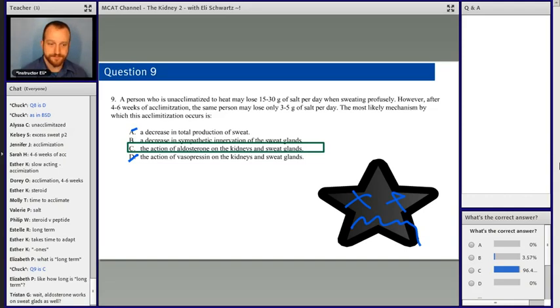Absolutely. Now, to Tristan's question, that's a great follow-up question. The question stem describes a scenario where salt excretion drops considerably. Aldosterone does act on salt. So what hormone has a role to play in salt retention and secretion? Got to be aldosterone. Now, does aldosterone trigger sweat glands?